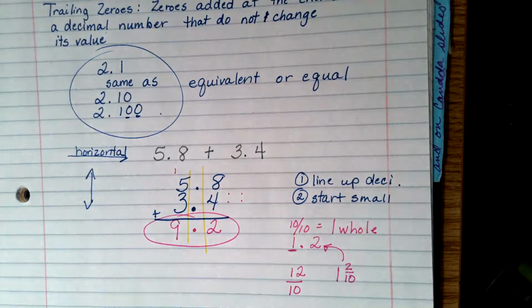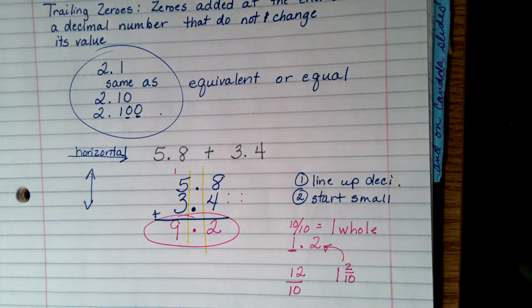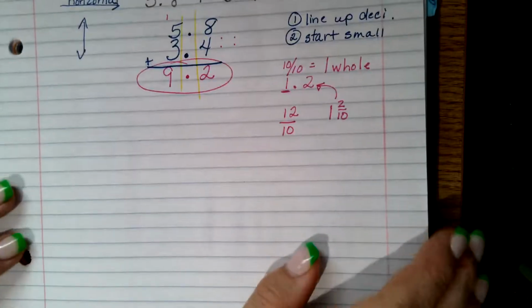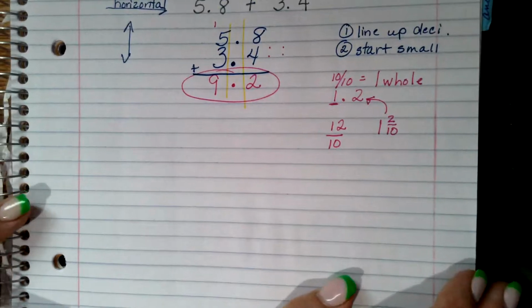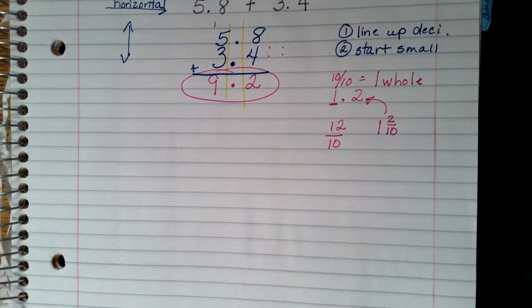Now, again, the decimal point in the answer must line up with the other two decimal points. If we are adding decimals that do not have the same number of place values, this is where that whole idea of the trailing zeros comes into place.